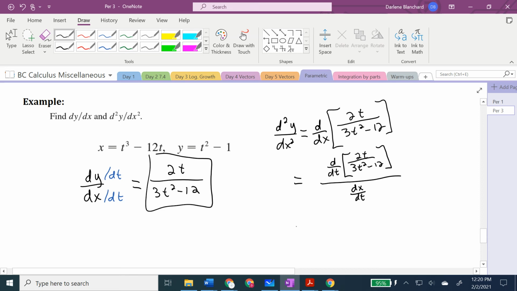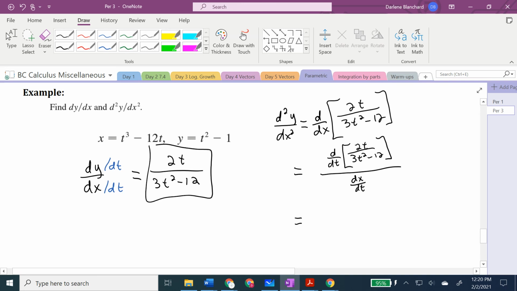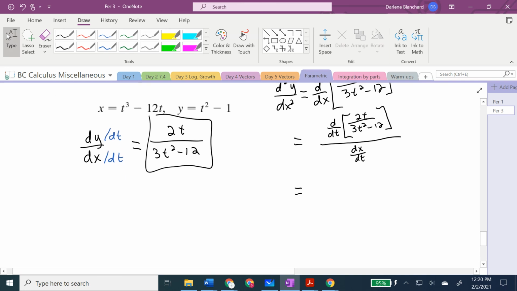And let me just give you a warning. Due to my own personal tendency to make silly errors, I would recommend that if you know this is where you are going, after you write equals, set a nice little division bar and put dx dt.